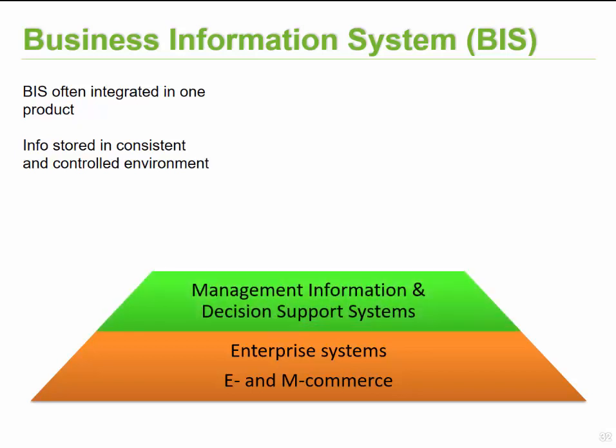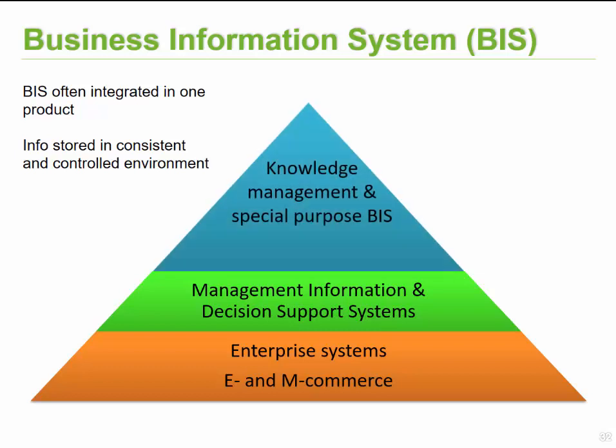On the next level, we have more specialized systems, which include our management information systems, as well as those systems that support or allow us to make better decisions. And then at the top of the pyramid, we have more specialized systems, which allow us to manage the knowledge within our company, as well as various other specialized information systems.